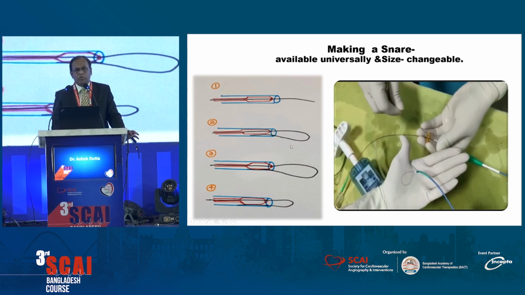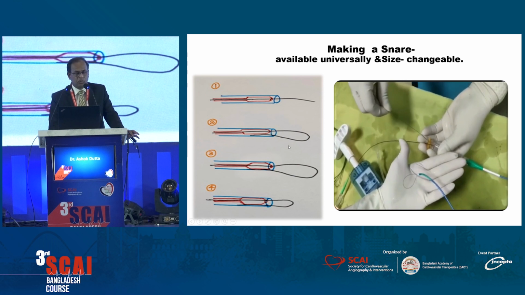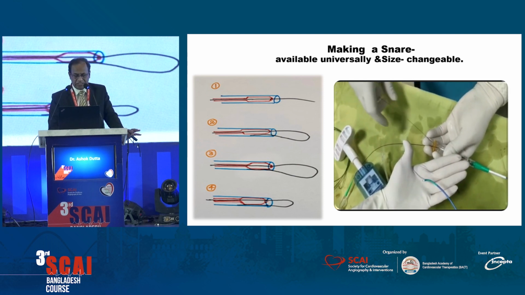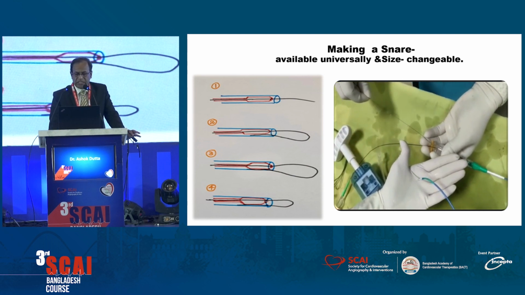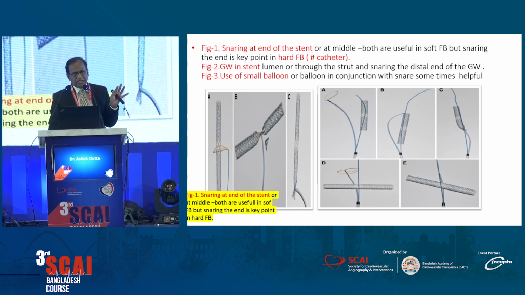We can change the loop from 2 millimeter up to 20 or 30 millimeter with this homemade snare, and everybody should know how to make it. As for where to catch the stent during snaring, it is better to catch it at the end, and for any hard object it is very important to snare the thing at the end, especially when the catheter is dislodged. But for a stent or any other wire, we can catch it anywhere and remove it.